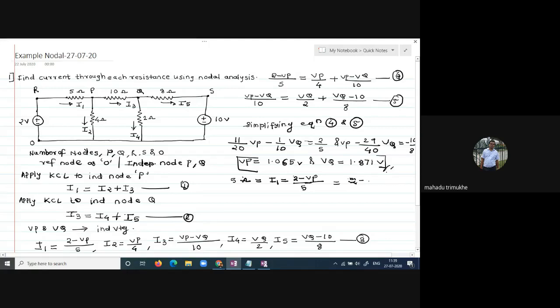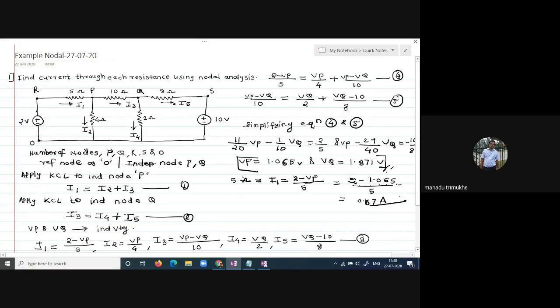That is 1.605 divided by 5. So what is the current flowing through the 5 ohm resistance? It is nothing but 0.187 ampere, maybe 0.178 ampere. Okay, this is the current flowing through the 5 ohm resistance.